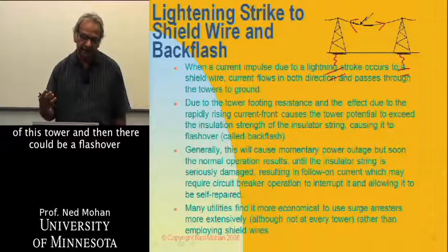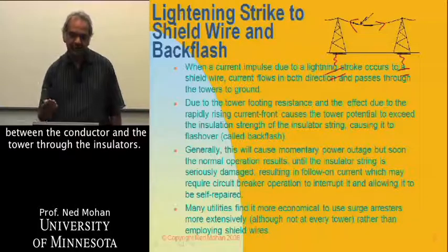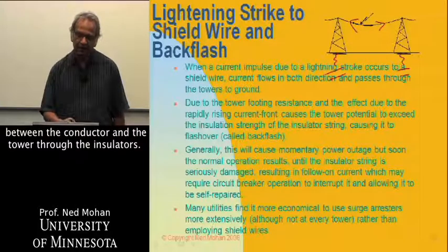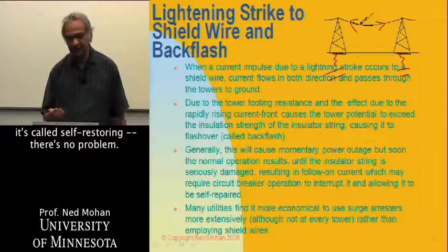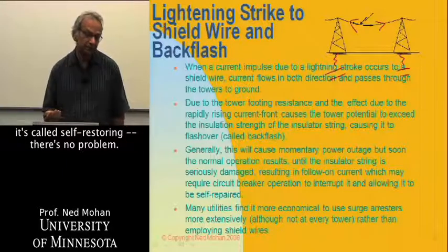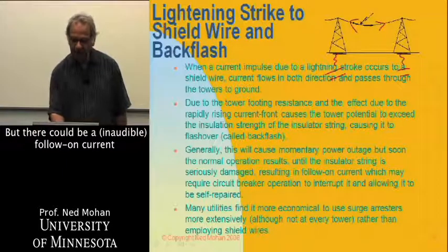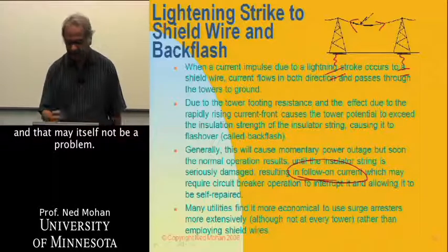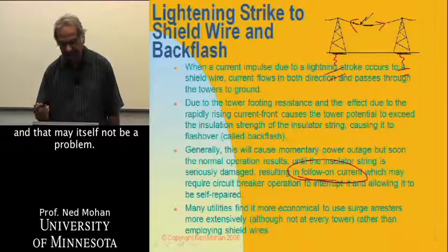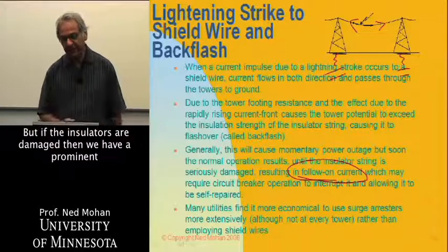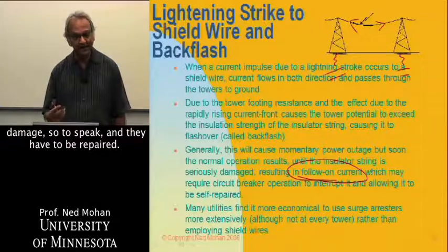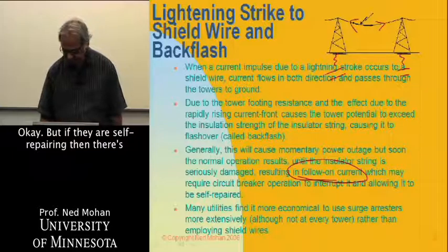And then there could be a flashover between the conductor and the tower through the insulators, okay? And so long as insulators then heal, this is called self-restoring, there's no problem. But there could be a follow-on current, and that may itself not be a problem, but if the insulators are damaged, then we have a permanent damage, so to speak, and they have to be repaired. Okay, but if they are self-repairing, then there's no problem.